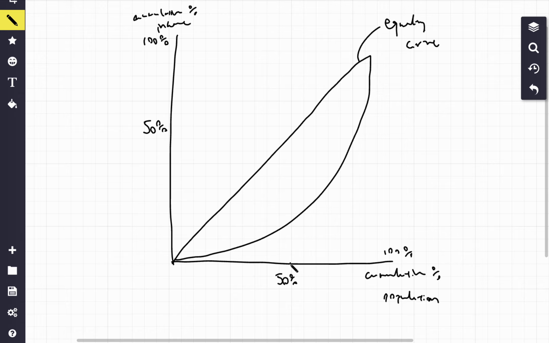So the bottom 50% earns less than 20, I guess this is like 15% of the entire income in the US.